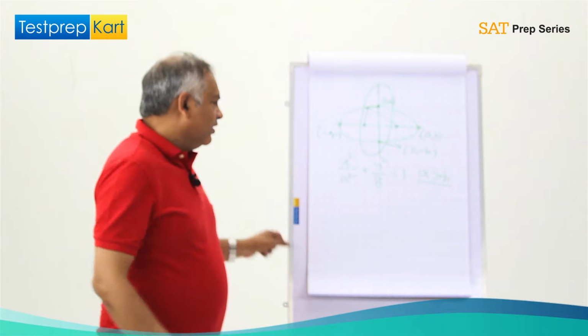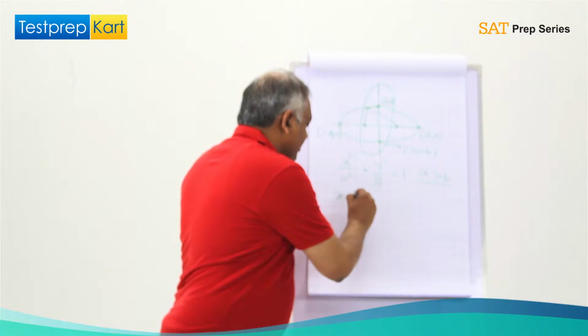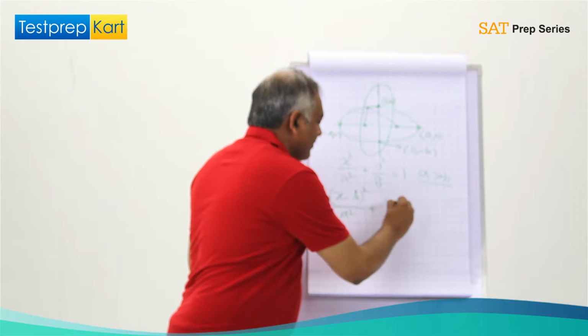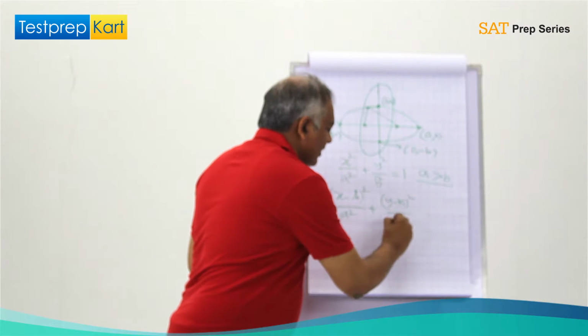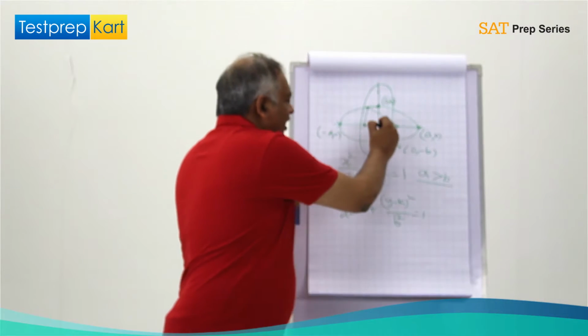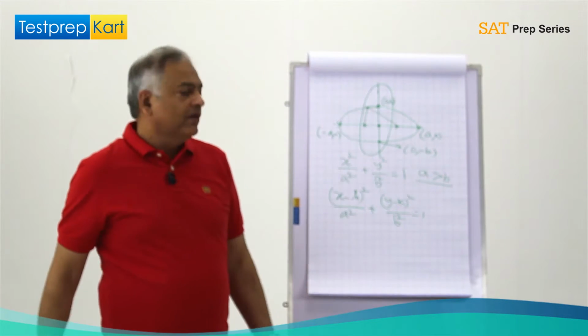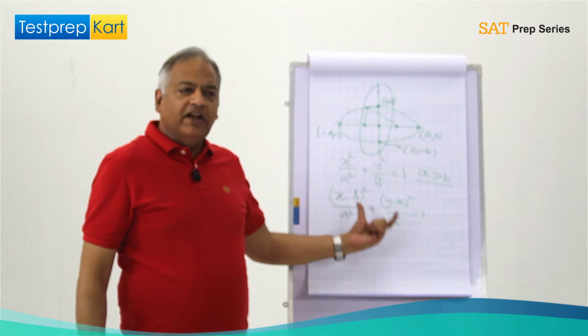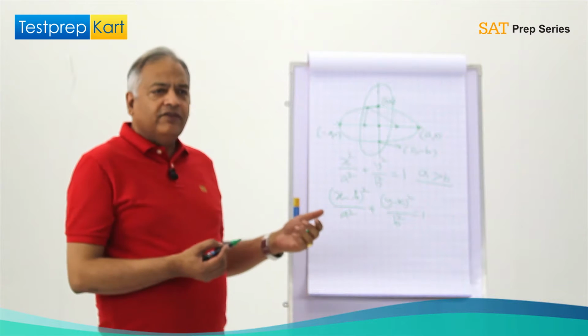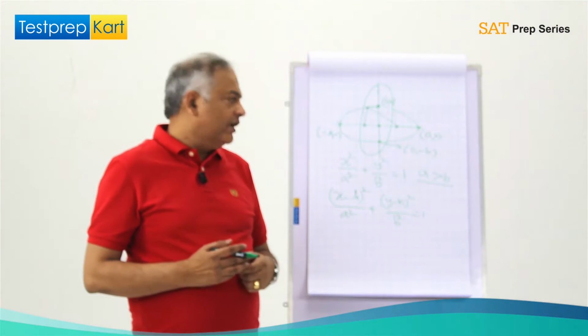Now a general equation of an ellipse is (x - h) whole square by a square plus (y - k) whole square by b square is 1. In the earlier case, I have considered the center to be (0, 0), whereas in this case, my center is (h, k). Now what is the major axis, and what is the minor axis of an ellipse?